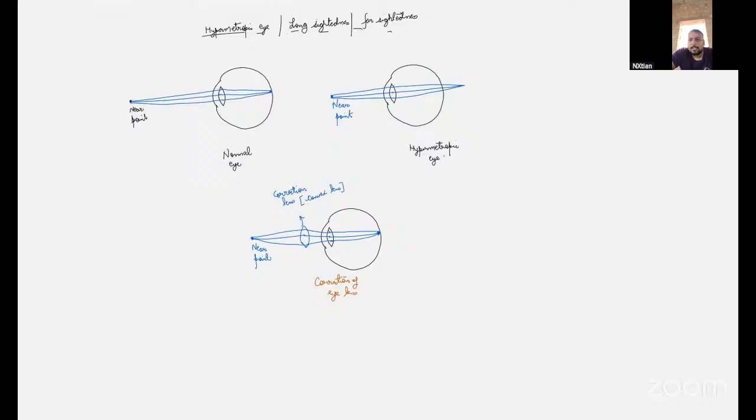It is because the near point image is formed behind the retina.